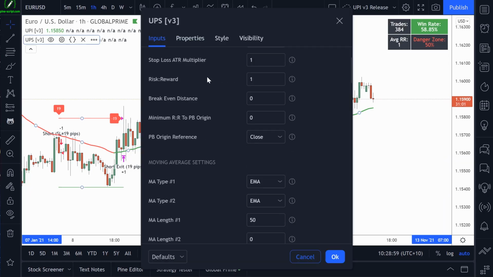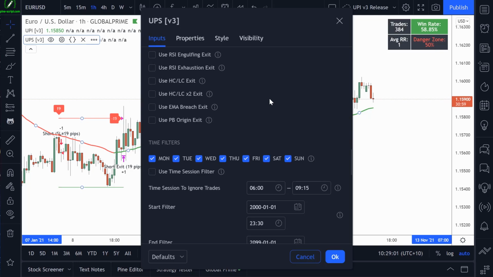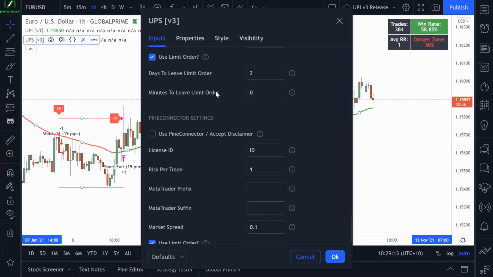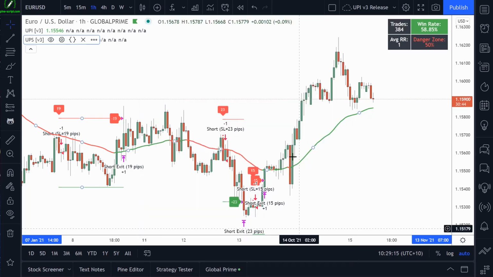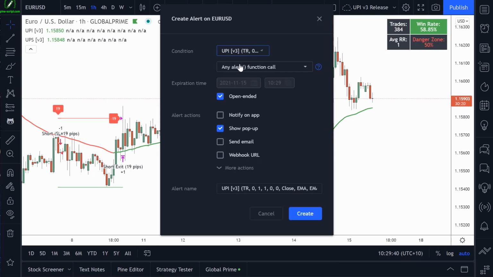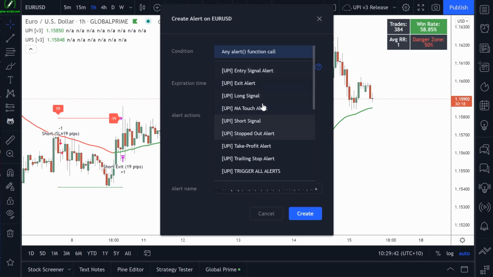So the Ultimate Pullback Strategy has all the same settings here that we just went over, including PineConnector and AutoView. You can automate the strategy version of the script if you want to. It doesn't really matter which script you use to set your alerts. To set your alerts, you just select the script, and the UPI has a lot more alert settings here. I'll go over the alerts in a different video, but here are the unique alerts you can set for the Ultimate Pullback Indicator.